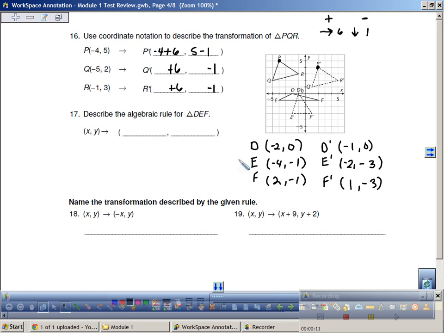All right, let's talk about what happened from negative 2 to negative 1. How do I get from negative 2 to negative 1? I could add 1. What about from negative 4 to negative 2? Does that work, adding 1? No, so addition or subtraction isn't going to work, so let's try multiplication or division. How can I get from negative 2 to negative 1 using multiplication or division? Divide, right?